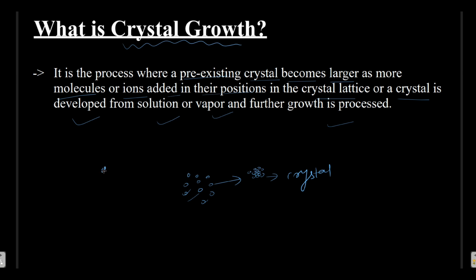According to the definition, a pre-existing crystal will be there, and other molecules or ions from vapor or solution come there, and they take their respective crystal lattice point. Then the size of it will keep on growing, and a crystal will be formed. That's called crystal growth. Now let's move forward.